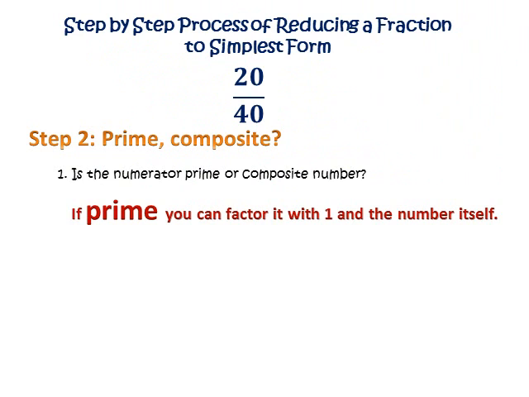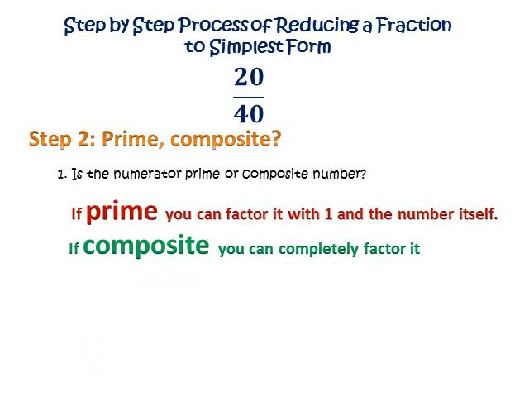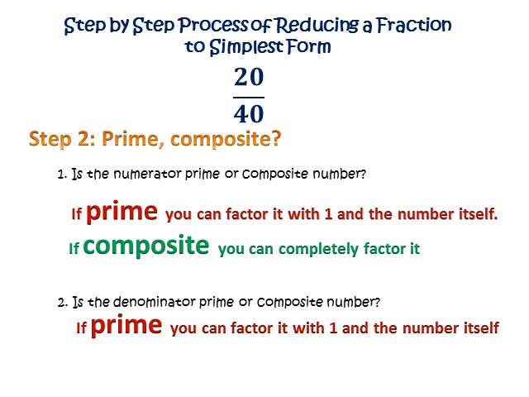If the numerator is a prime number, then you can factor it with 1 and the number itself, because prime numbers do not have any other factors other than 1 and the number itself, correct? If it's a composite number, then you can completely factor it. In the next slide, I will show you how to do that. Again, for the denominator, you also determine if it is a prime or a composite number.